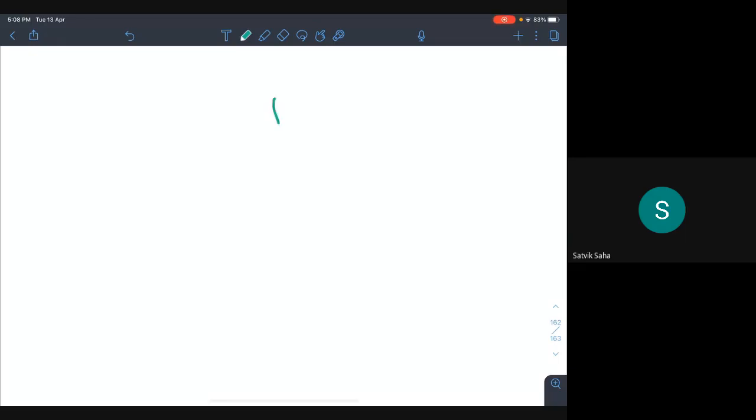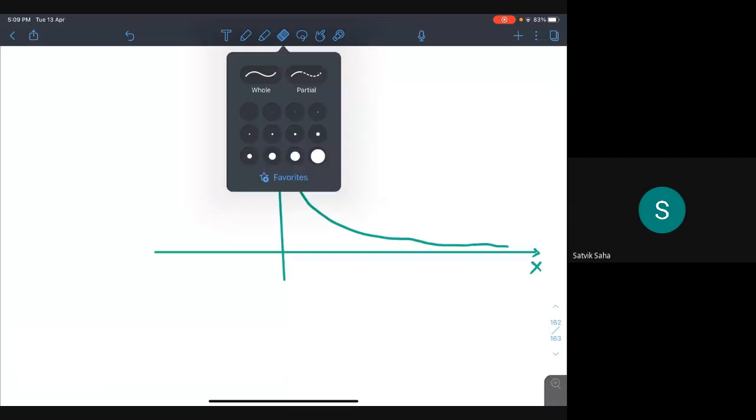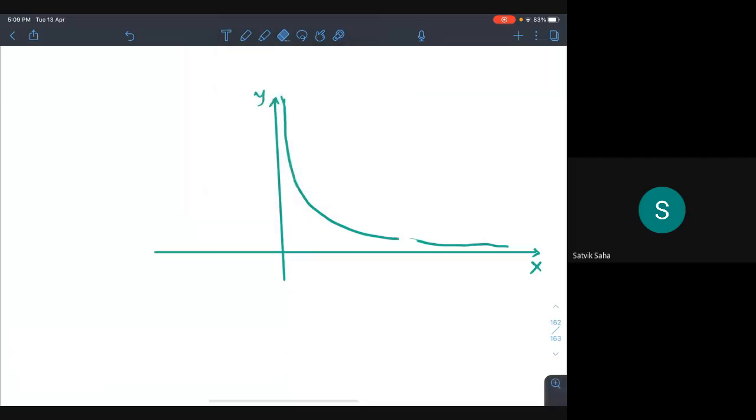Just look at the following graph. Though that part is not good, let me.